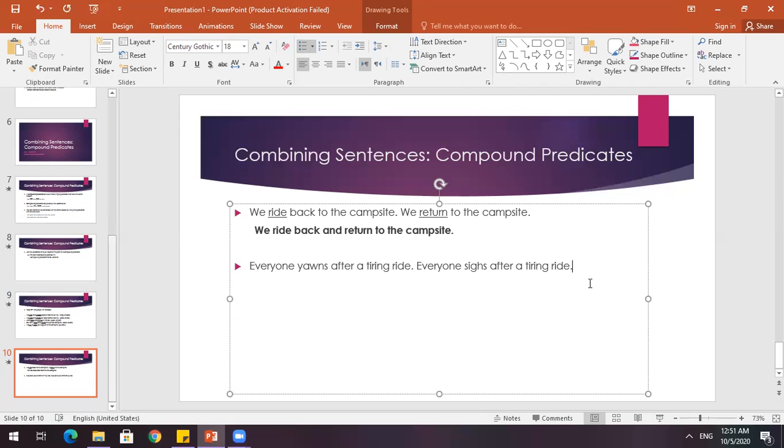Okay, so here we have yawns and sighs, our simple predicates. How do we join this? Everyone yawns and sighs after a tiring ride. Okay, we have time for another one.